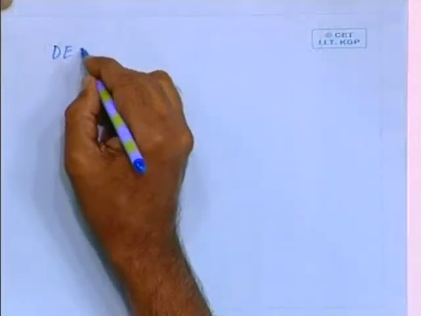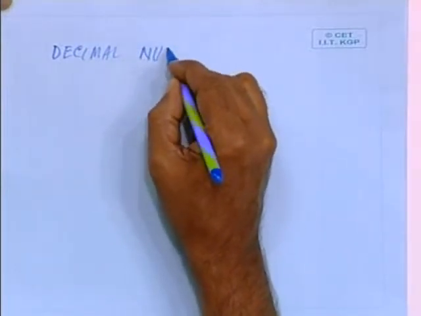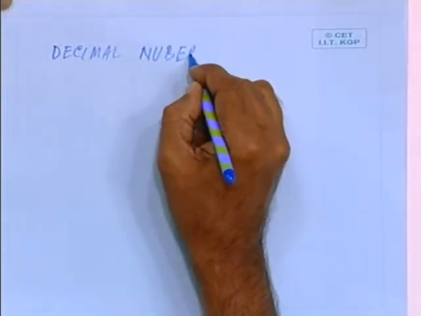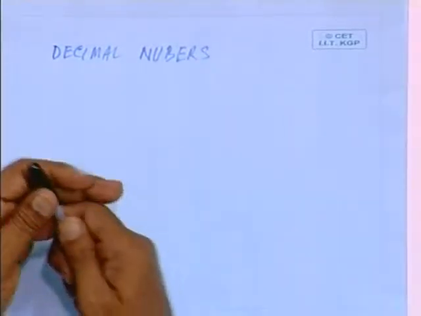Now, apart from this binary number system, sometimes you have to represent other numbers, for example, decimal numbers, inside the microprocessor. How can you do that?